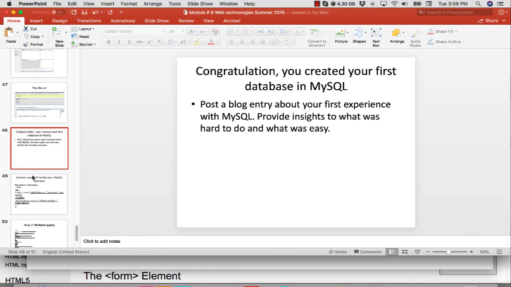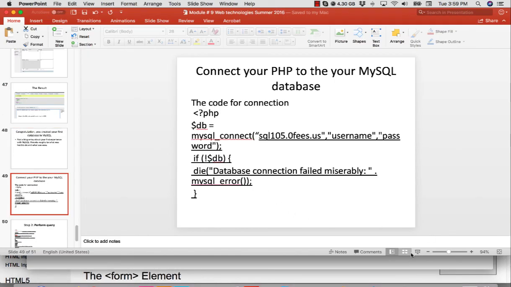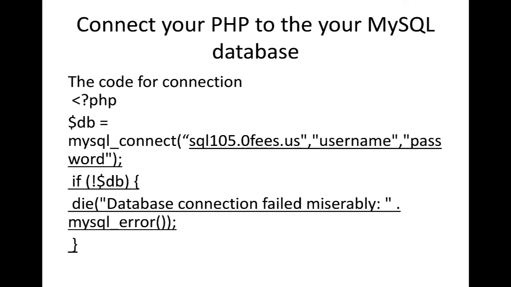I want to continue and again back to PHP. And in PHP, we are going to connect to MySQL. So in this case, when you create a connection in PHP, you're going to say the database equals mysql_connect.